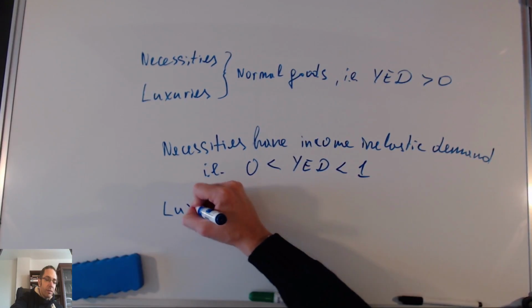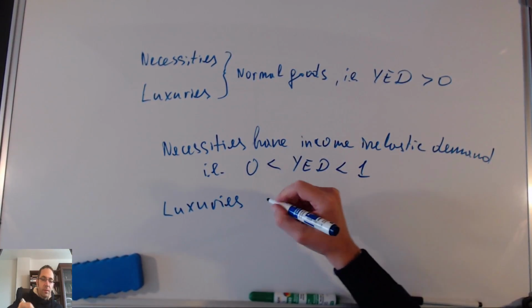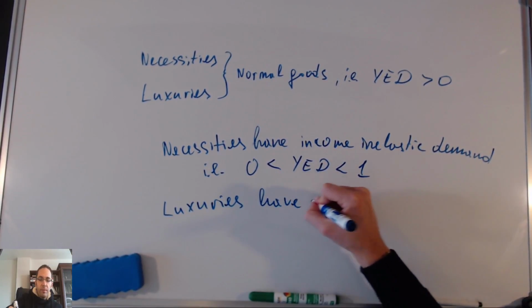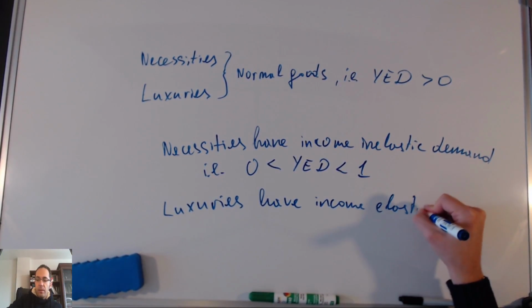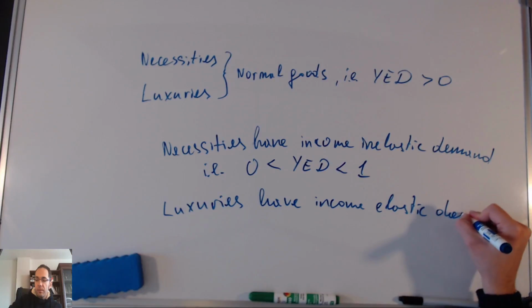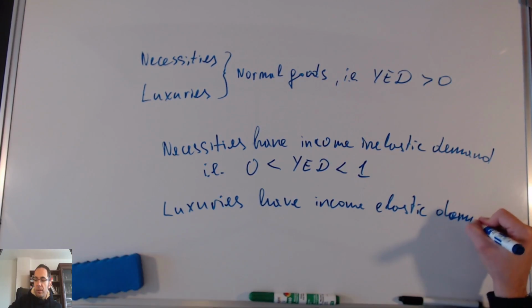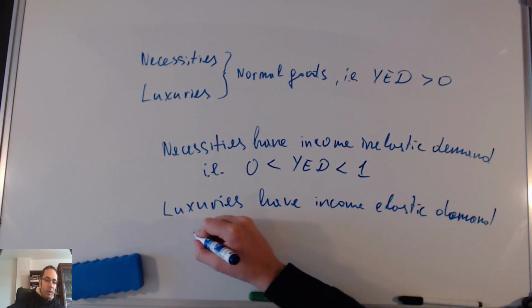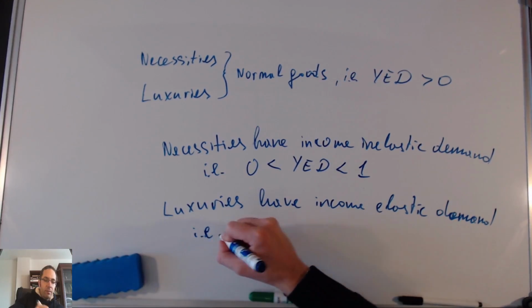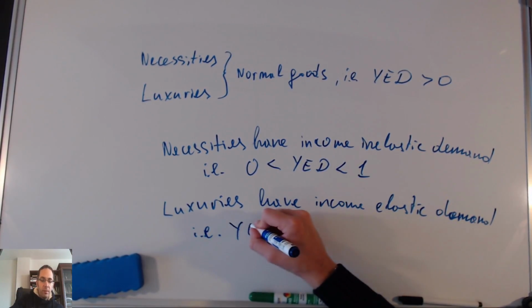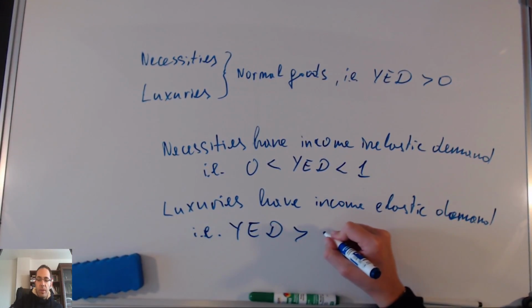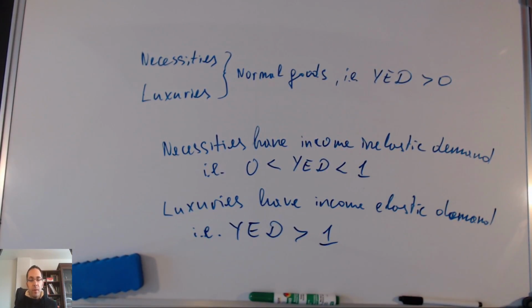And luxuries have income elastic demand, i.e. their income elasticity of demand will be greater than 1.